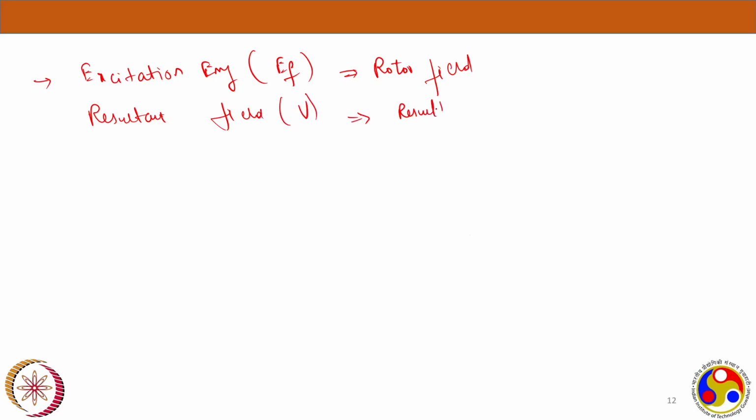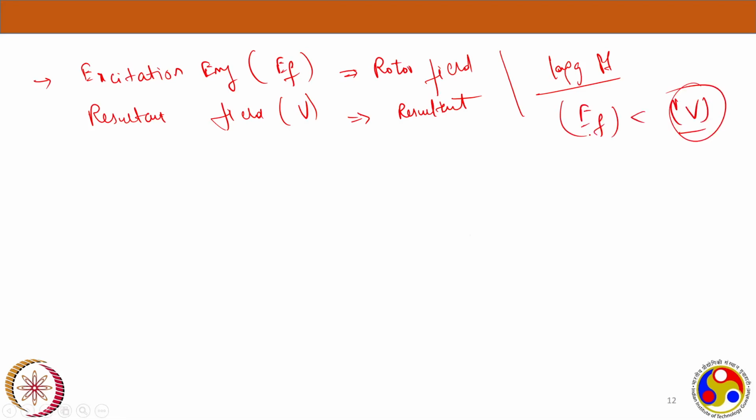So here if you see, for a lagging power factor load, the length of EF is less than your input voltage, right? That's what we saw in the phasor now. So your resultant is more than the excitation. So it's not well excited to have a resultant field same as the excitation.